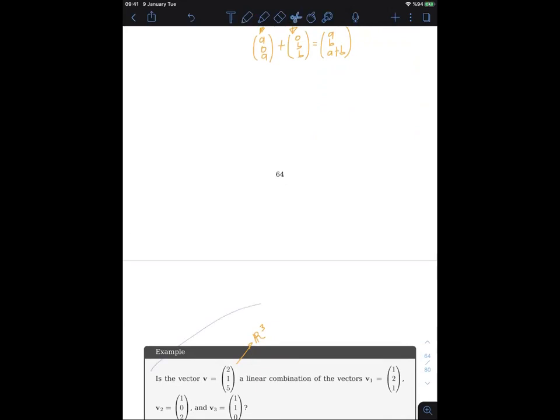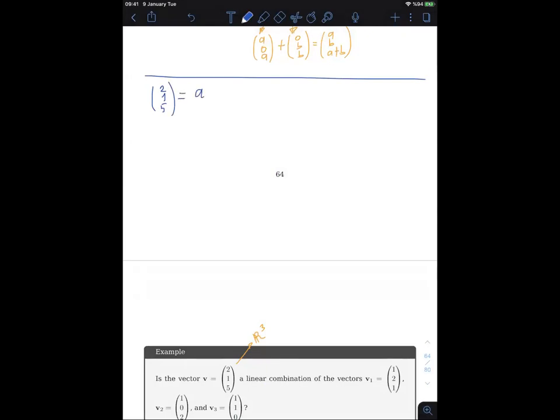can I do it like this? No. Okay, I tried something and it doesn't work. So how can I do this? Let me write here. So I'm trying to write the vector 2, 1, 5 as a linear combination.